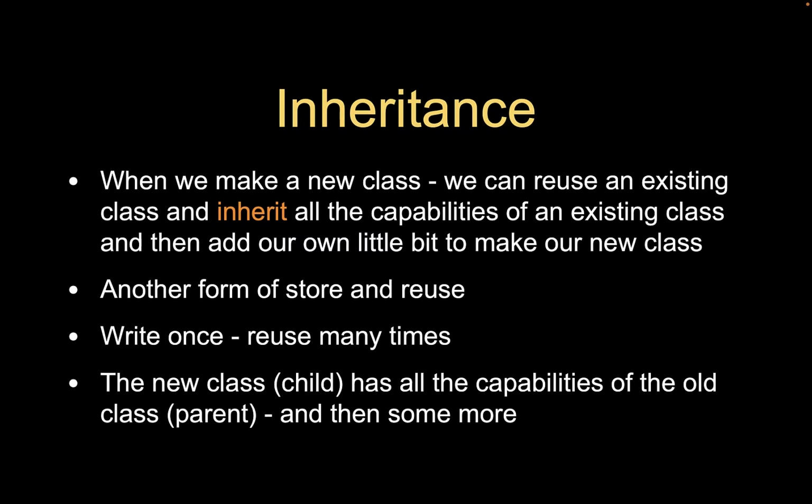The new class, the child, has all the capabilities of the old class, the parent, and then some more. And I really like the way the author is using the terms child and parent, because the formal names in object-oriented technology are superclass for the parent and subclass for the child.